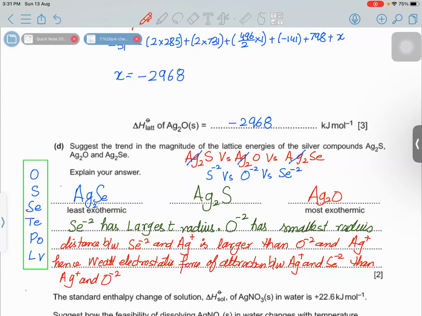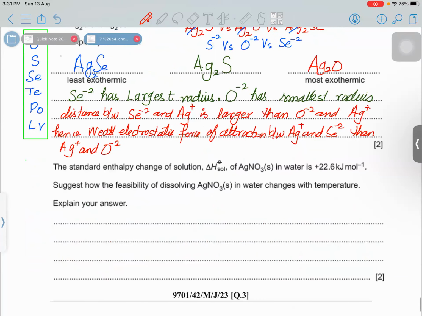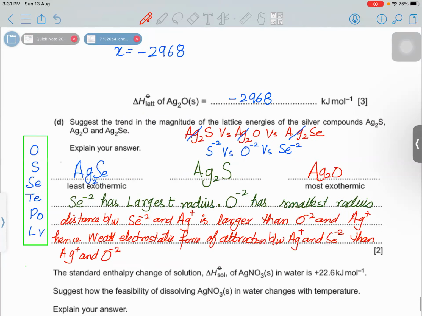Beta, are you getting this point? Yes, sir. Can I move forward? Yes, sir.